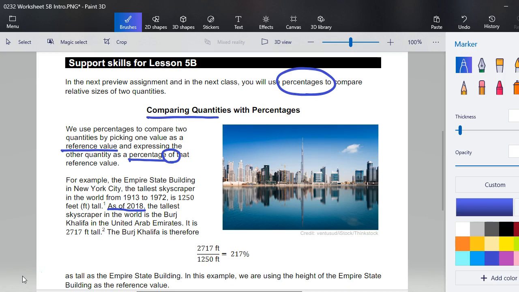The Burj Khalifa is therefore, we have a ratio and we have a percentage. Here's the Burj, here's the Empire, and the Empire is our reference value. As tall as the Empire State Building. In this example, we're using the height of the Empire State Building as a reference value. So the Burj Khalifa is 217% as tall as the Empire State Building.